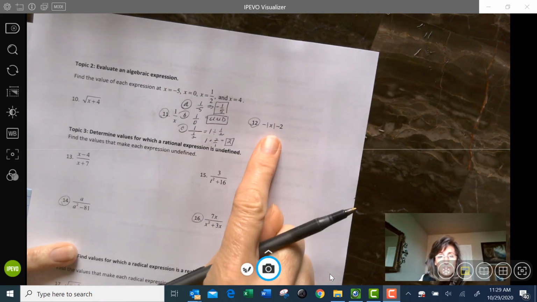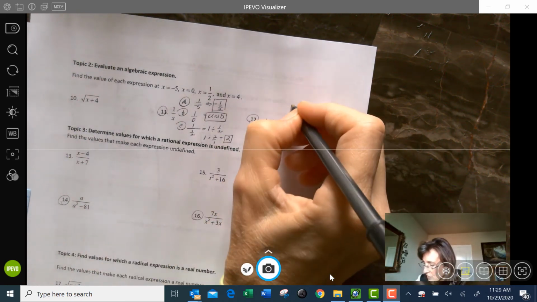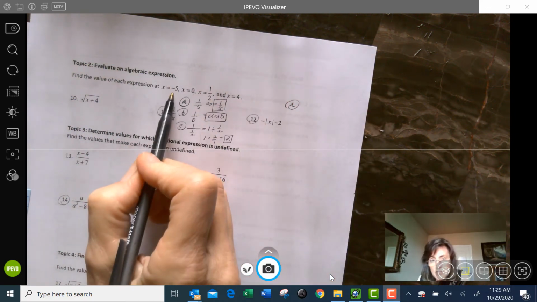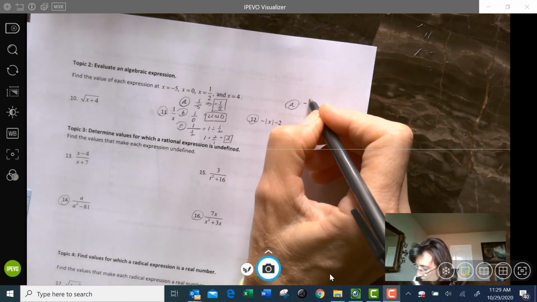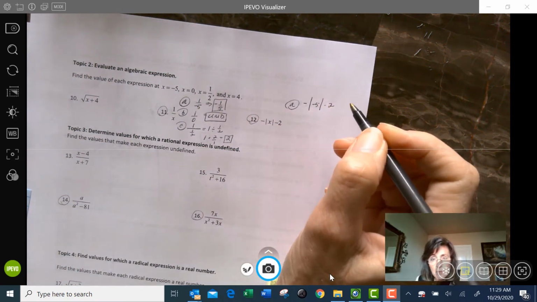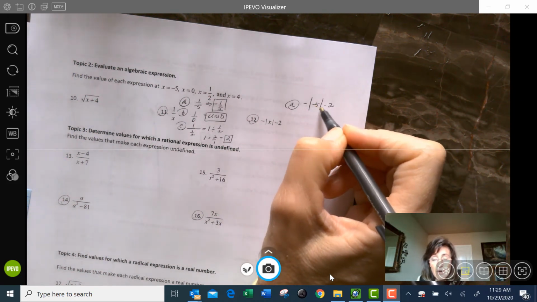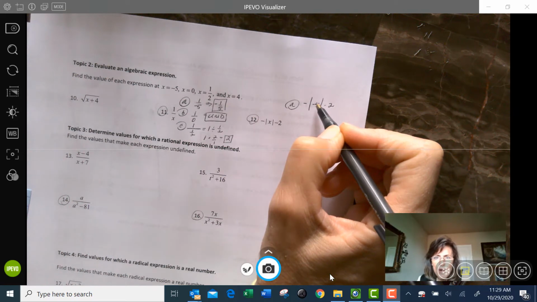Now let's look at number 12. This one is kind of a play on the negative values. So let's take our first input value, which is an x value of -5. So this is going to be the negative of the absolute value of negative 5 minus 2. Well, when you take the absolute value, it makes whatever is in the absolute value positive.